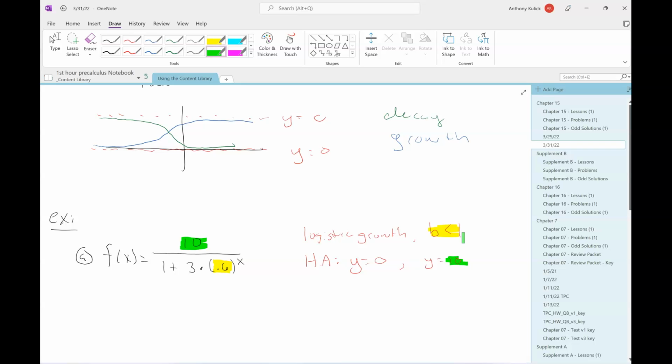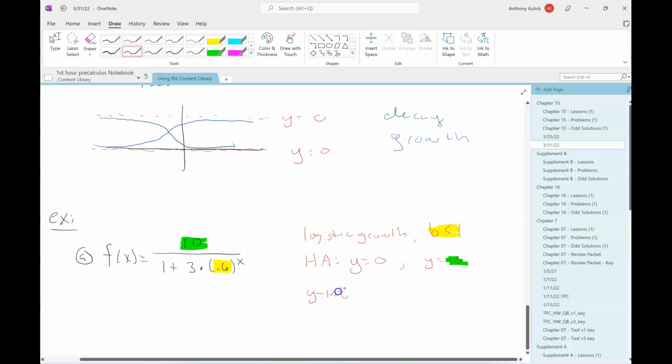Okay. And what would the y-intercept here be? Well, the x-coordinate for all y-intercepts is 0, so here's the y-axis, right?